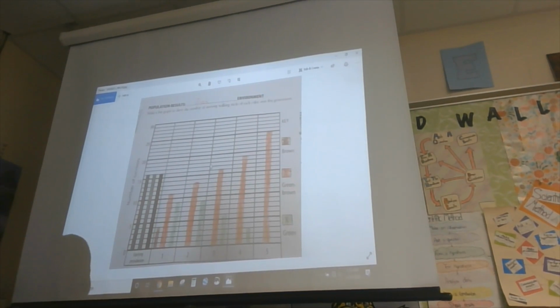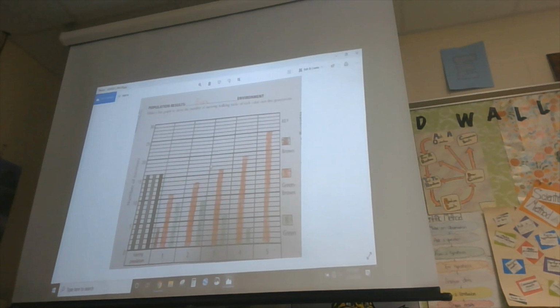And in the bush, green brown was the highest survivor too. I can also infer that the green walking sticks were one of the easiest to find in all 3 because they stood out the most. Okay, great.